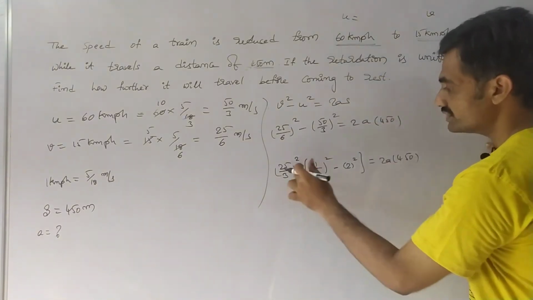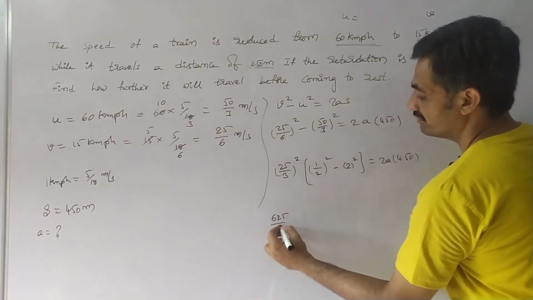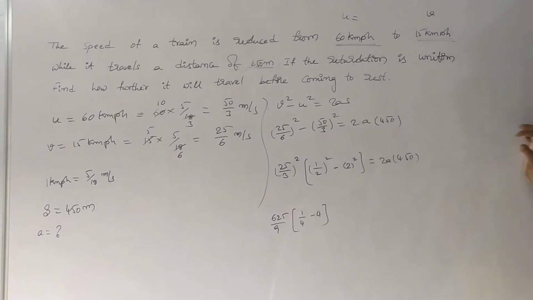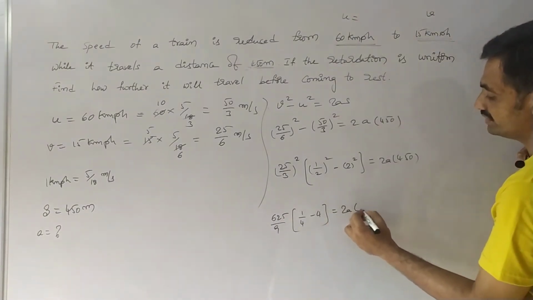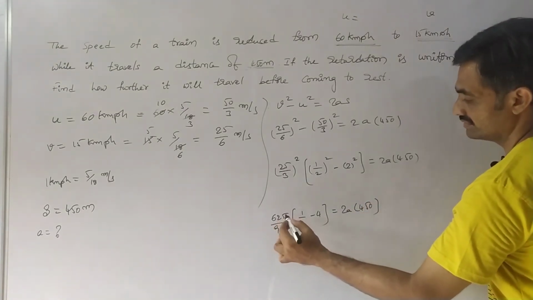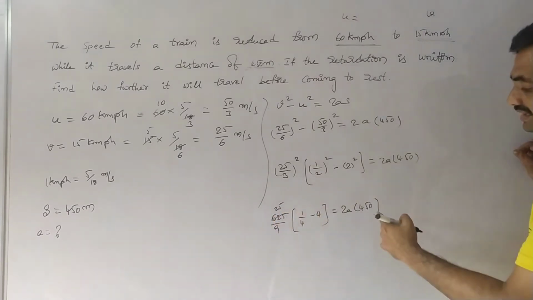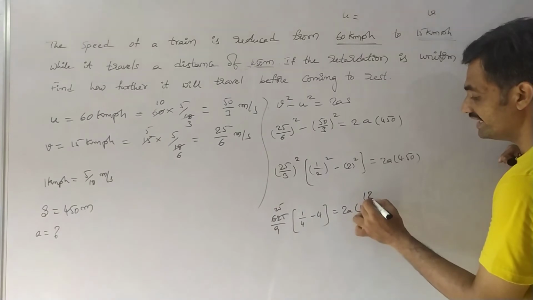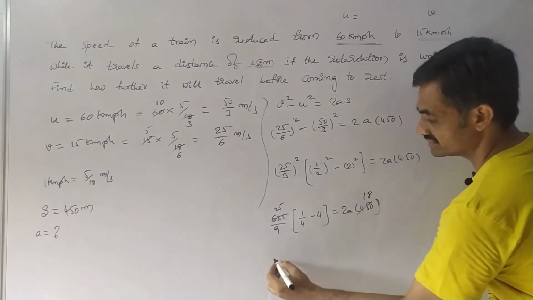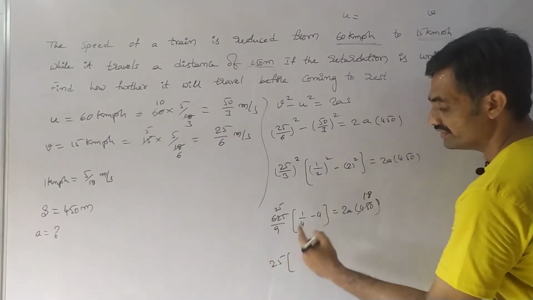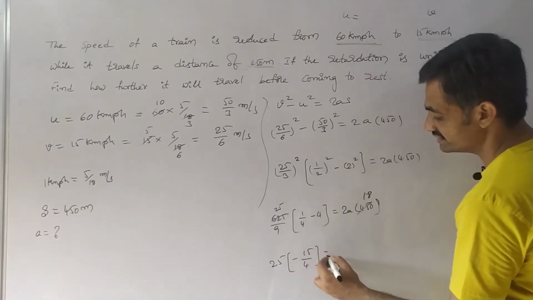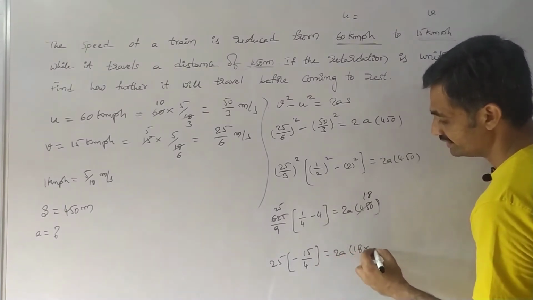So 25 squared is 625 by 9 into 1 by 4 minus 4, which equals 2a into 450. We can cancel this: 25 into 25 is 625, and 25 into 18 is 450. Bringing the 9 to this side, we have 25 into 4. Simplifying, 1 by 4 minus 4 is minus 15 by 4, equals 2a into 18 into 9.